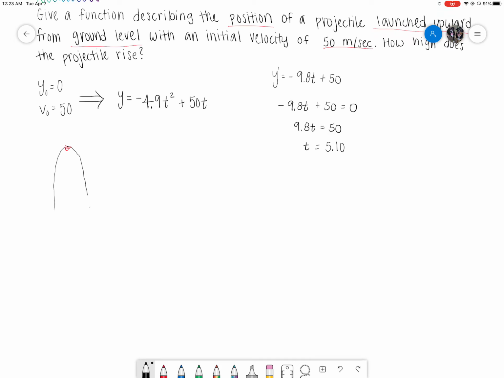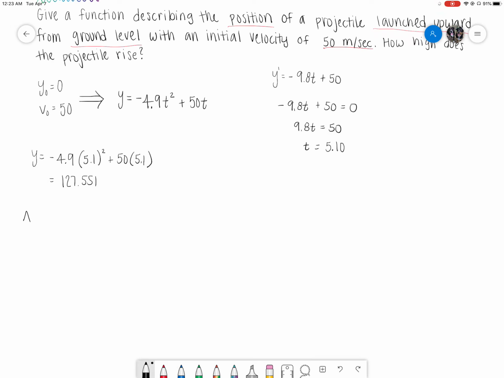Well, let me erase my picture. At 5.1 seconds, y is equal to negative 4.9 times 5.1 squared plus 50 times 5.1, which is equal to 127.551.